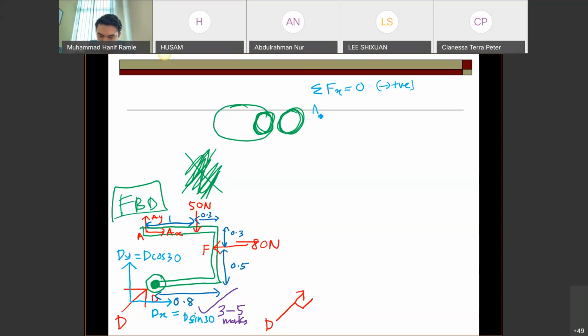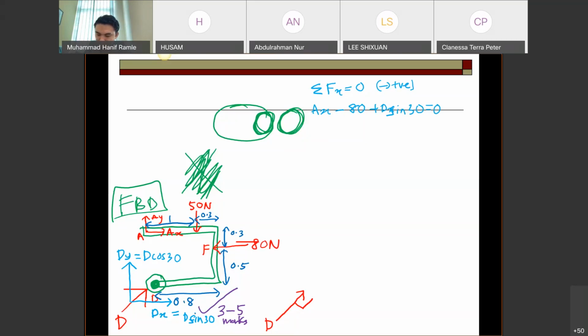Start with the AX first, and then minus 80, and then plus DX, sorry, D sine 30 equal to 0.